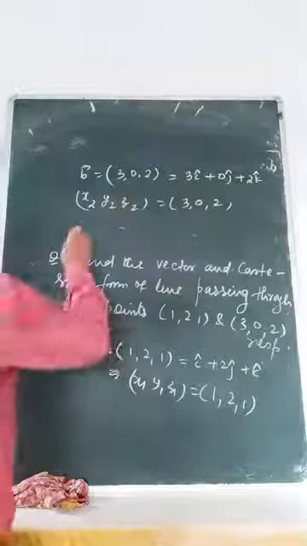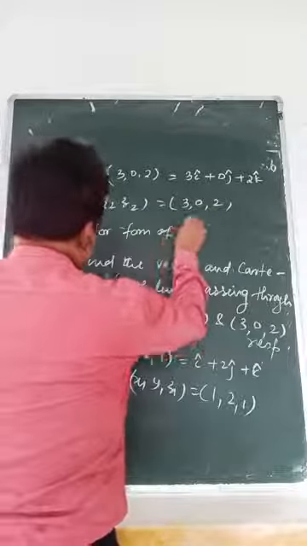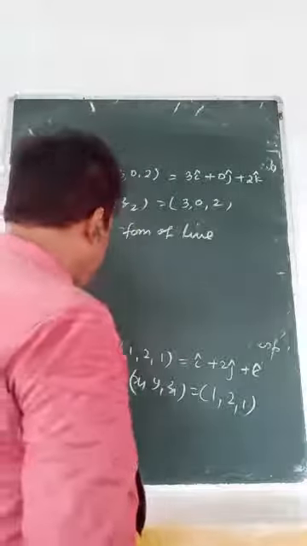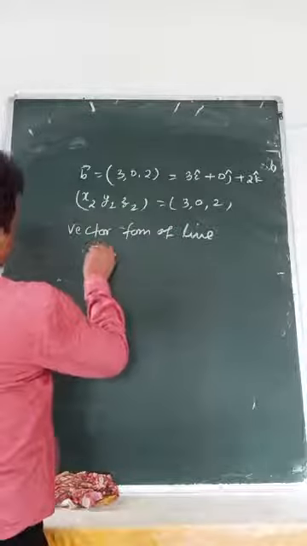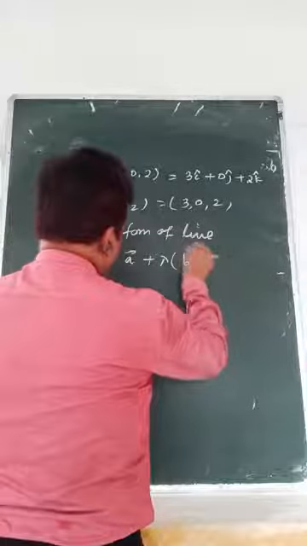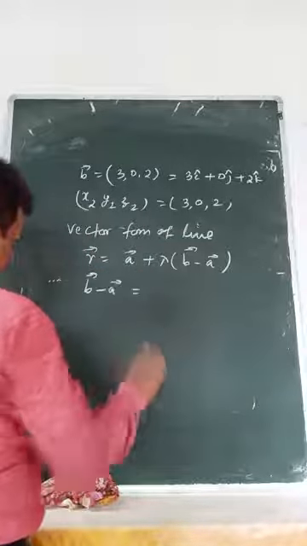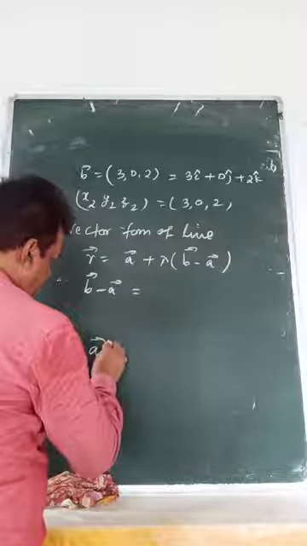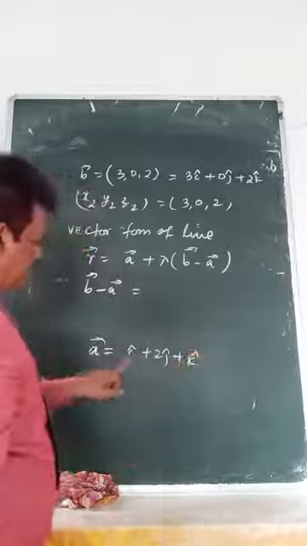Now look at what is vector form formula. Vector form of line is R equals to A plus lambda B minus A. Okay, let's find what is B minus A. A was what? i plus 2j plus k. This was A vector.